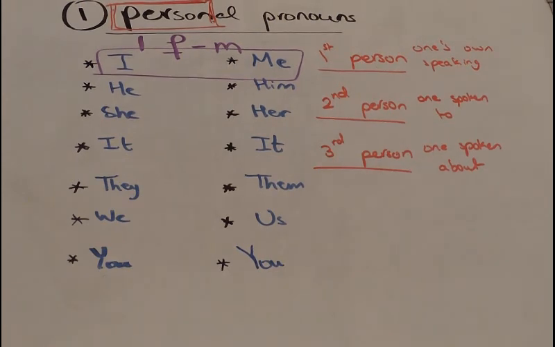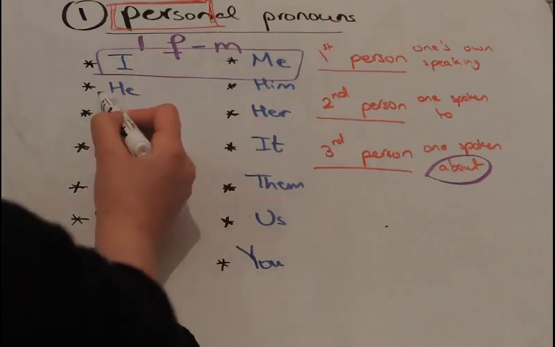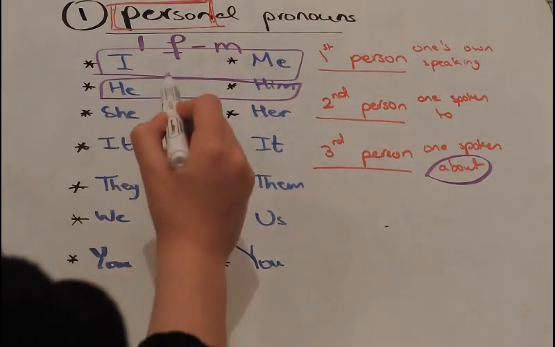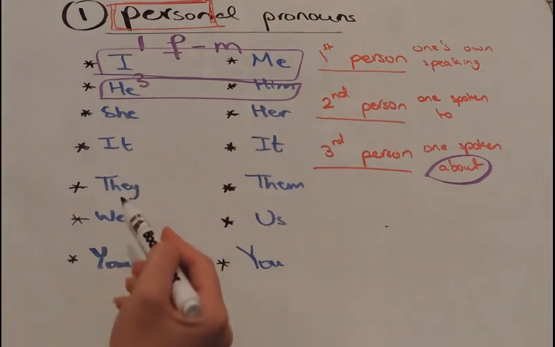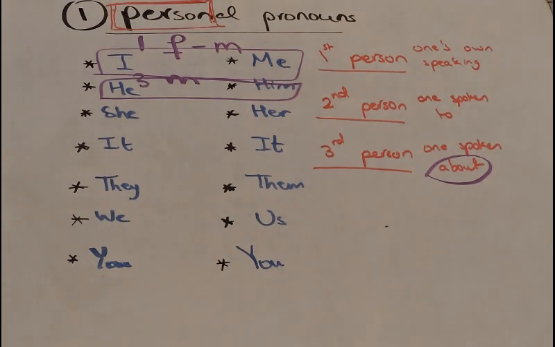Okay, moving on to he and him. I am standing right there, and I'm talking about a person who might not be there. So he and him are considered third person because I'm speaking about them. So for he and him, I'm going to use number 3 for third person, and only M. He and him are for male humans.